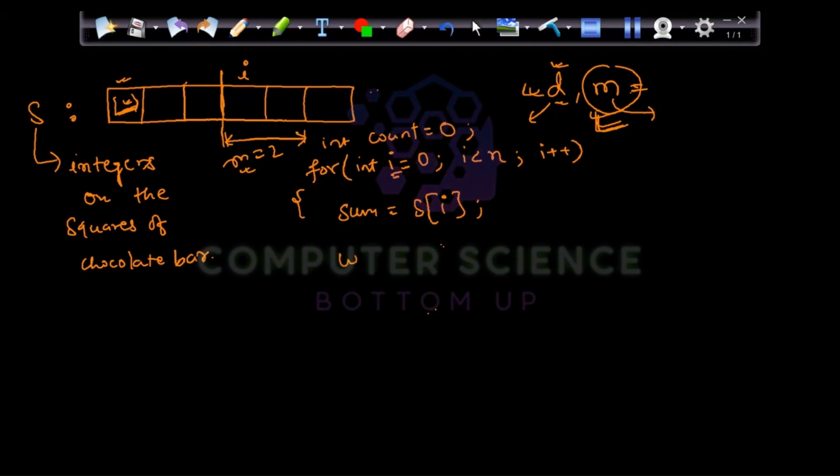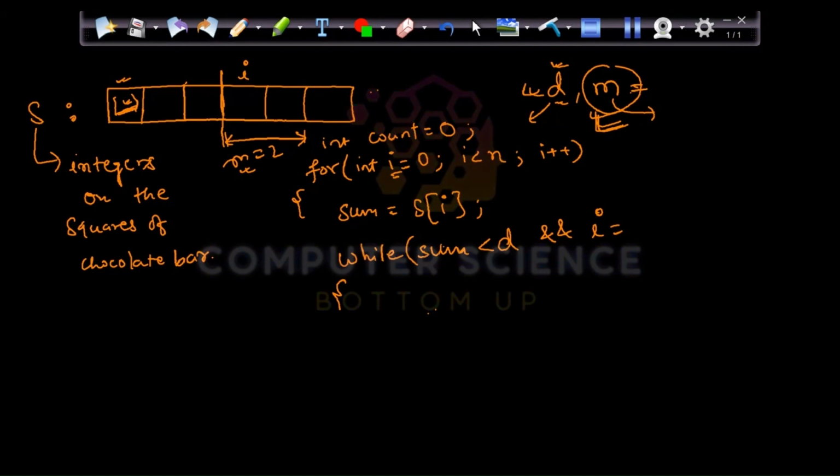Instead I will use a while loop, and in the while loop I will make a condition that I will go till my sum is less than D, and j is equal to i, because I have to take care that I do not just update the sum over all the consecutive squares, I have to limit myself to at the maximum limit of m squares.